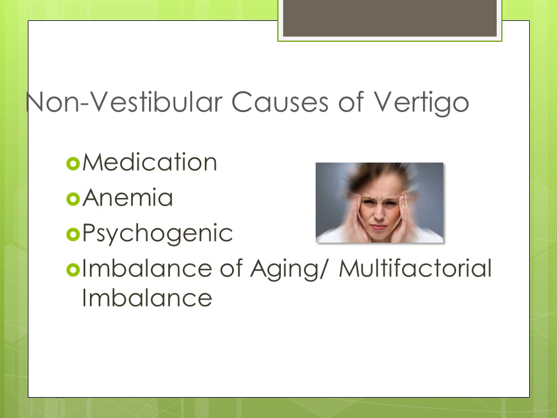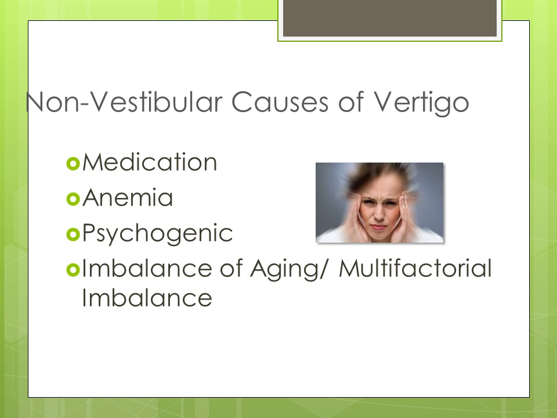Medication, polypharmacology. Anytime you have a person on more than 4 medications, you can bet that one of those medications is going to have the side effect of dizziness. And guess what? Some of the main medications that doctors will give out for dizziness cause dizziness, like meclizine and Antivert. So we need to check and find out what medications the person is taking. If a person is anemic, they will feel lightheaded.